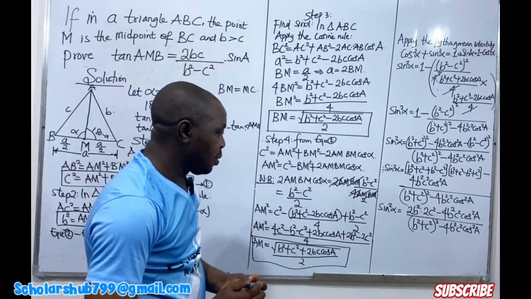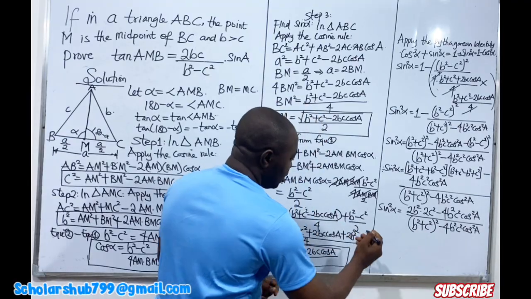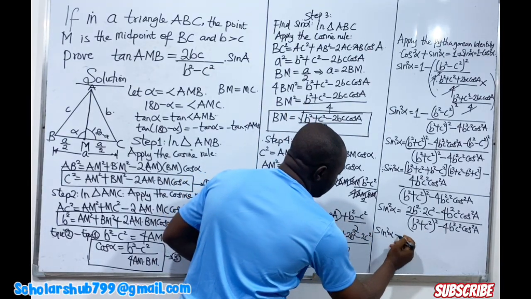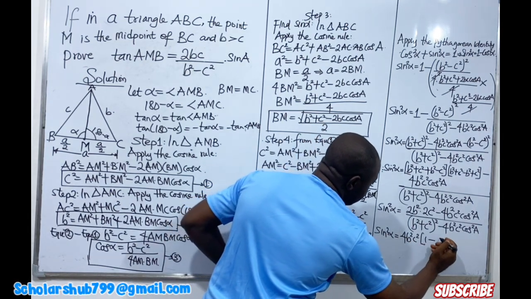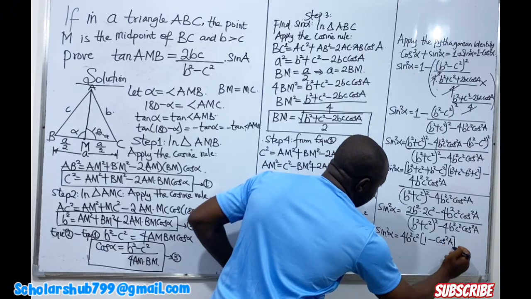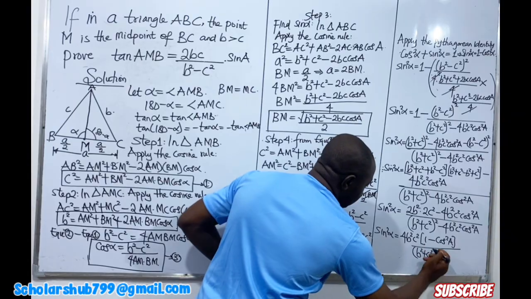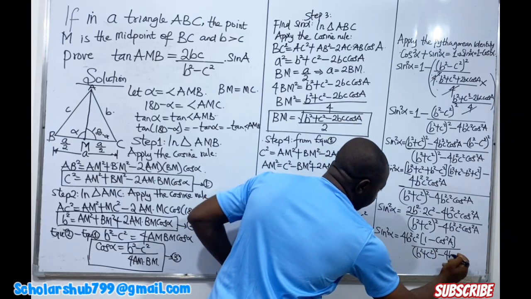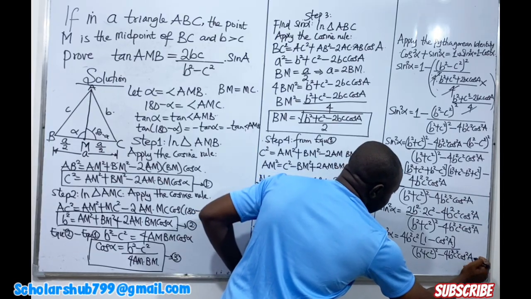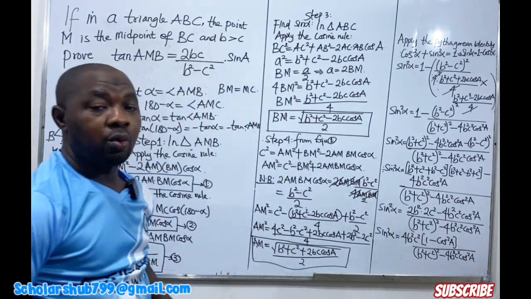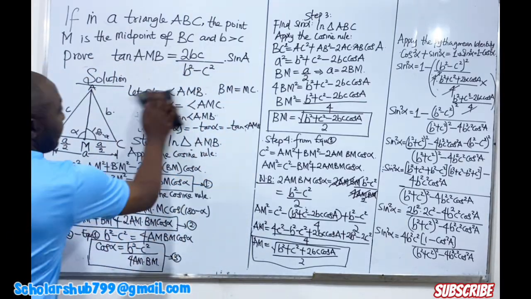Okay, so now this is 4b squared c squared. So if I factor it out, I'm going to have sine squared alpha to be 4b squared c squared into 1 minus cos squared a divided by b squared plus c squared raised to the power of 2 minus 4b squared c squared cos squared a. Okay, now we know that 1 minus cos squared a will be sine squared a. So let me continue from here.